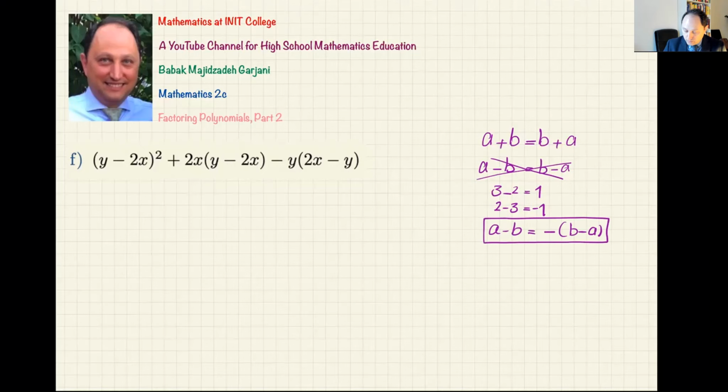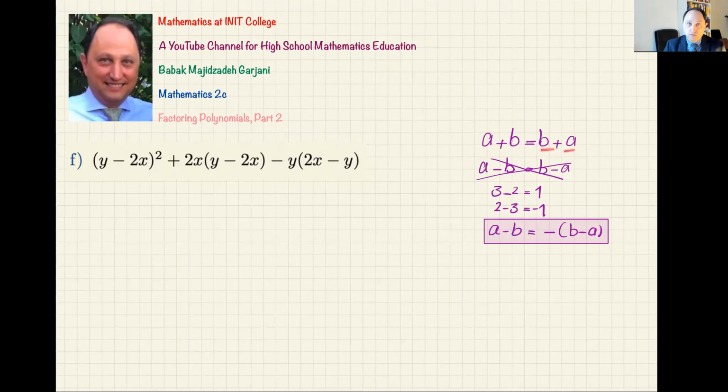Whenever you want to interchange the summands, the numbers that are added together, you don't have any problem. You don't need to be careful about the order in which you bring the numbers in. But when you have subtraction, you have to be careful, because if you do it the other way around, you get an extra minus sign.